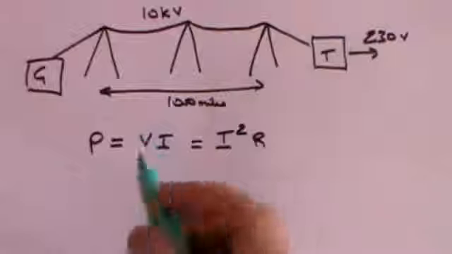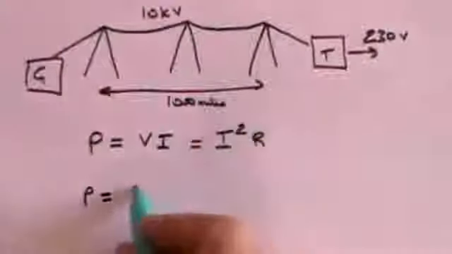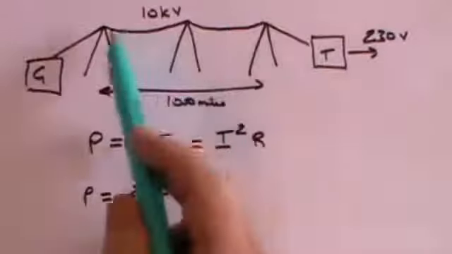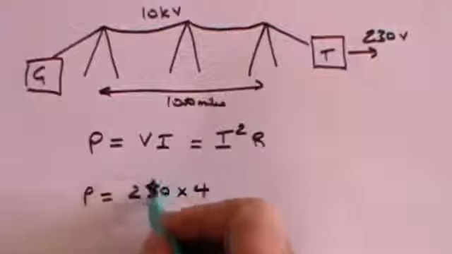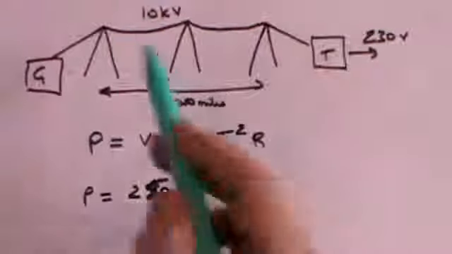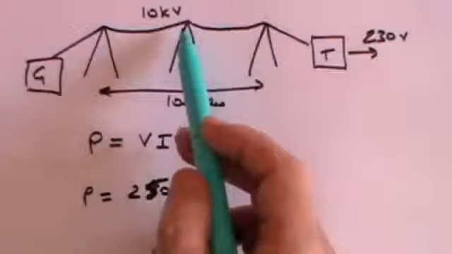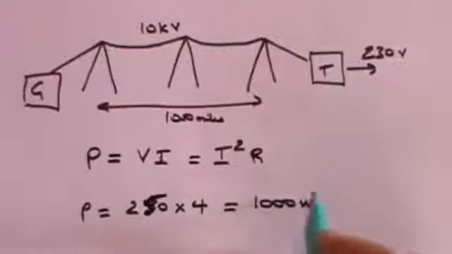So let's just imagine, for example, that we transmit this current at 230 volts, and let's say the current is 4 amps. We'll actually call it 250 volts to make the maths a little easier. So 250 volts and there's 4 amps. The power will be 1000 watts.